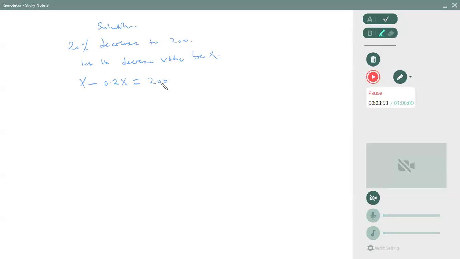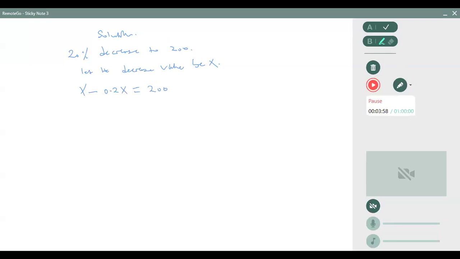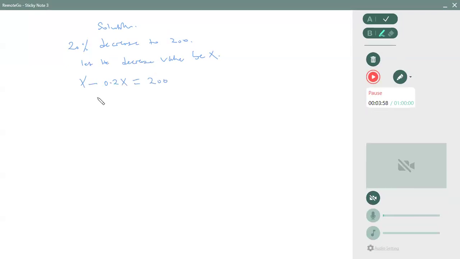Now we look for the value of X, which becomes 0.8X equal to 200. Divide through by 0.8 on both sides. What is 200 divided by 0.8?